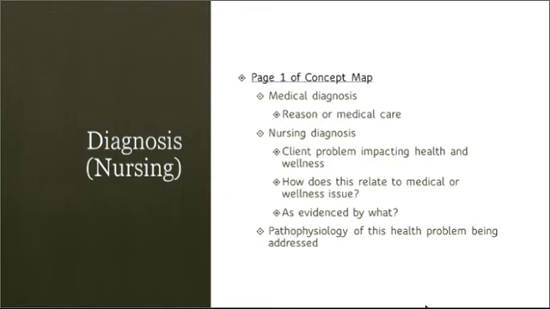A fever? No, it would be difficulty in breathing, alteration in gas exchange, inability to take care of themselves, because it would be like a shortness of breath. And how does this relate to the medical or wellness issue, and how is it evidenced?